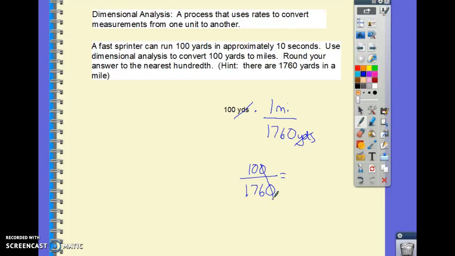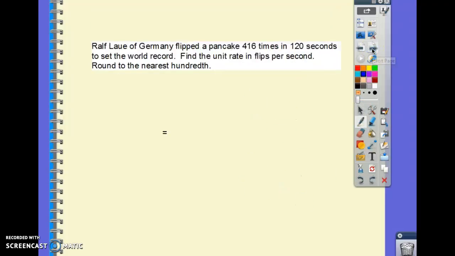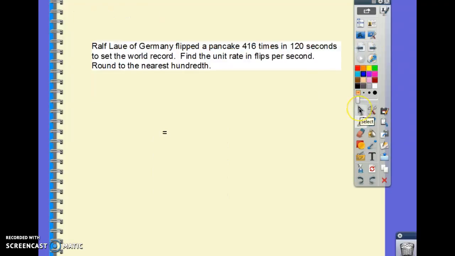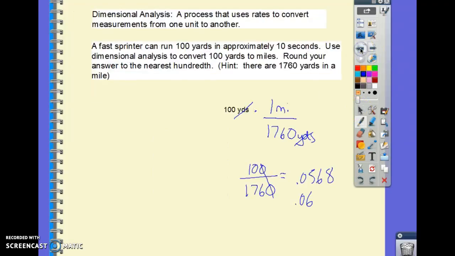And that's going to give you about 0.0568, or about 0.06 of a mile. So that's dimensional analysis. And that was it. Okay, so we're going to use that to do today's classwork.